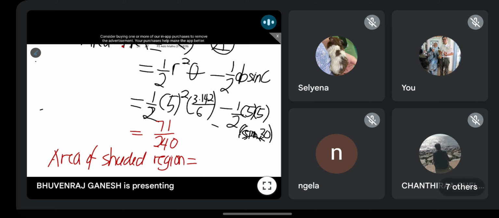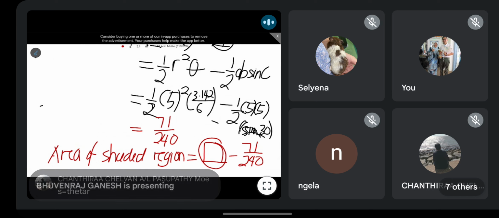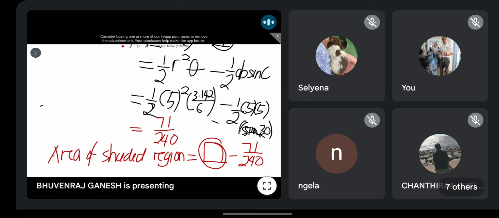You take luas quadrant, the area of the quadrant minus 71 over 240 seperti yang diterangkan tadi. Okay. So what is the formula guys to find luas quadrant? Anyone know? Kalau nak cari luas sukuan bulatan, macam mana nak kira? How to get the area of quadrant? Area. S is R, theta is for length of arc, panjang lengkok.